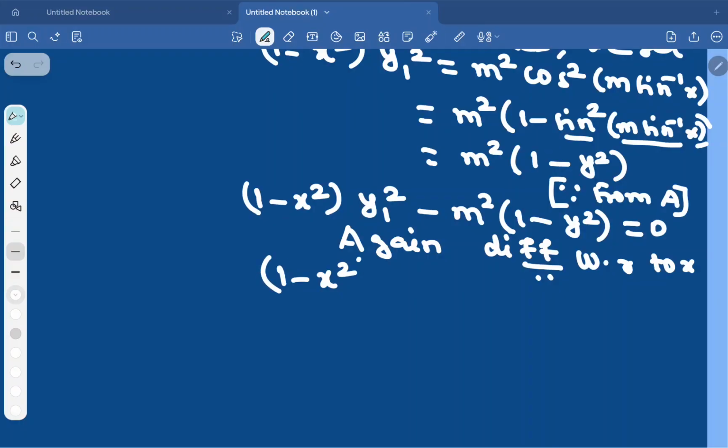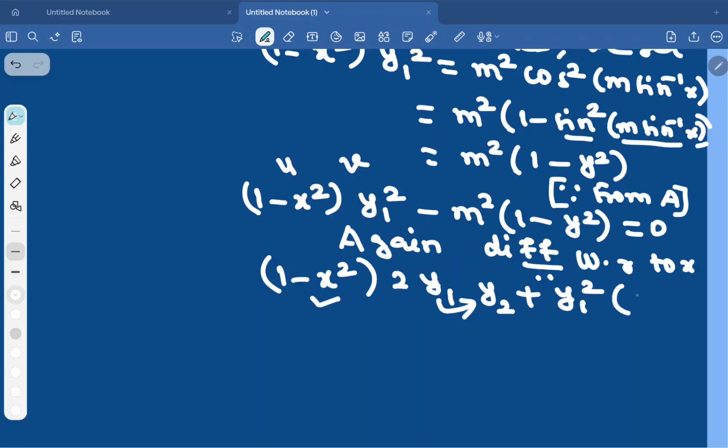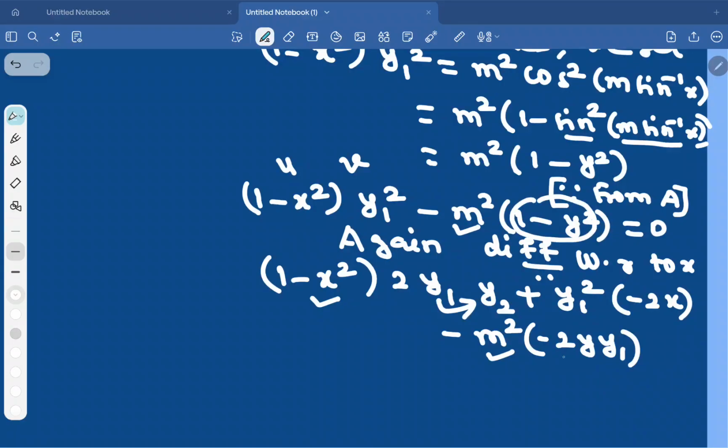For 1 minus x square y1 square, I am applying uv, that is uv dash plus vu dash. 1 minus x square into 2y1, the differentiation of y1 becomes y2, plus y1 square into the differentiation of 1 minus x square, which is minus 2x, minus m square into the differentiation of 1 minus y square, which is minus 2y, the differentiation of y becomes y1, equal to 0.